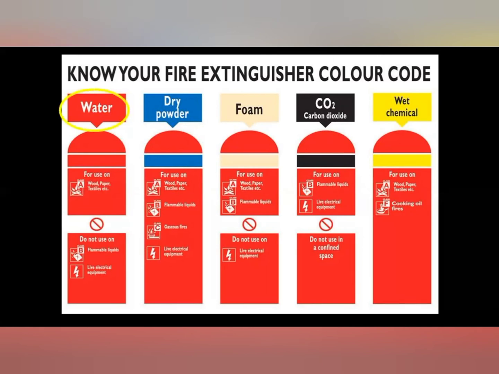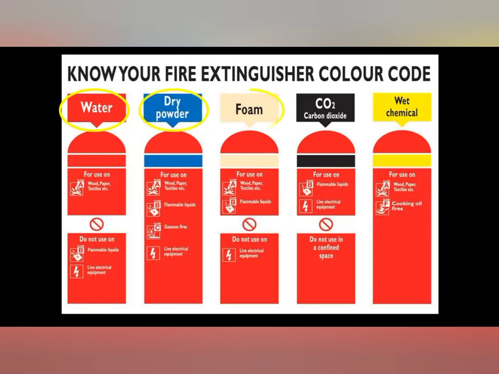A fire extinguisher that releases water, but this water contains a chemical content with a low pressure that will produce a low temperature that will actually reduce heat, a heat absorption, which is applied for classification A. But this water extinguisher is not used for flammable liquids or even live electrical equipment.